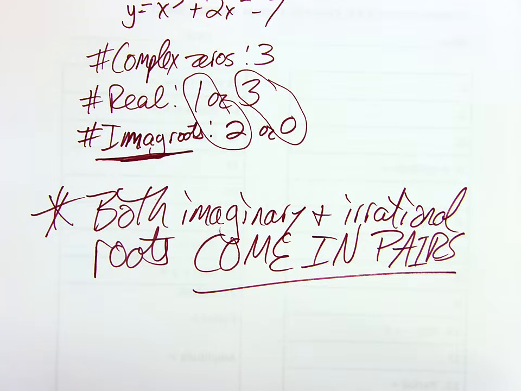So that's a big deal. They always come in pairs. Your rational roots do not necessarily come in pairs. They can be by themselves. They can have a friend with them. It doesn't really matter.